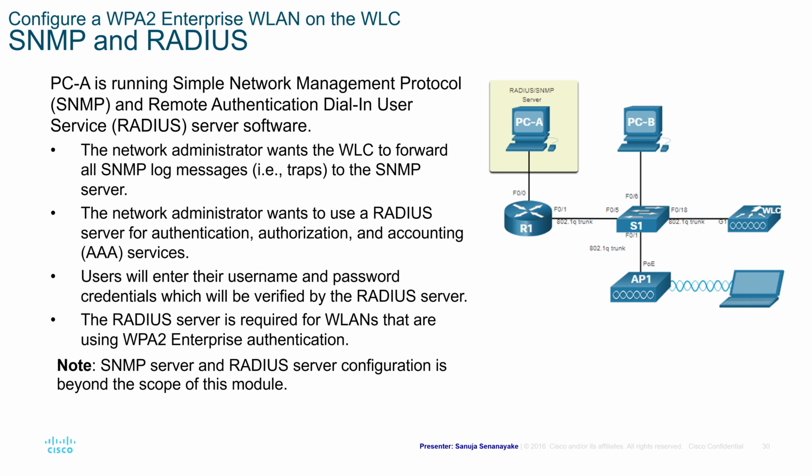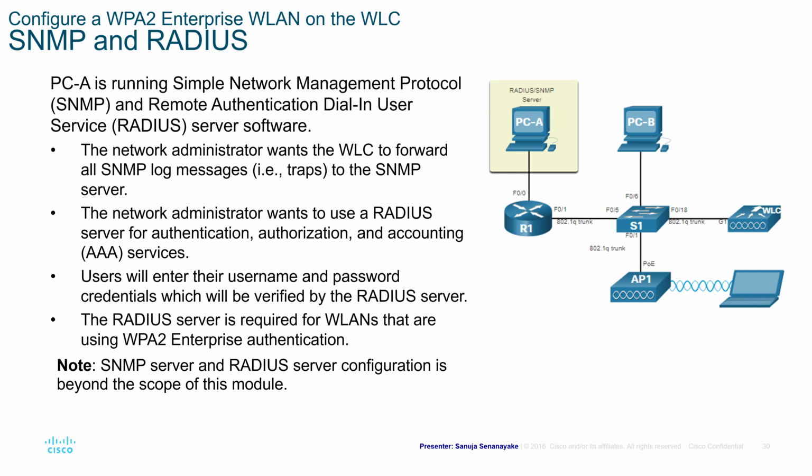SNMP and RADIUS. In this diagram, the PC-A is running Simple Network Management Protocol, also known as SNMP, and Remote Authentication Dial-In User Service, also known as RADIUS server software. The network administrator wants the WLC to forward all SNMP log messages, for example traps, to the SNMP server.